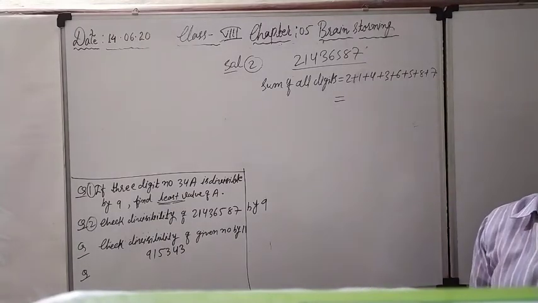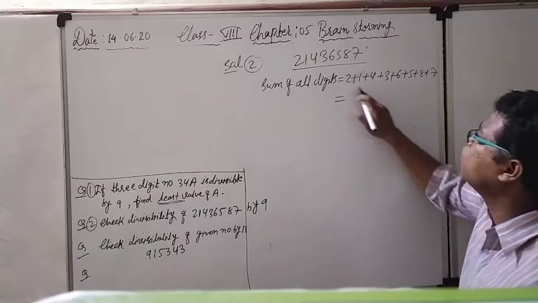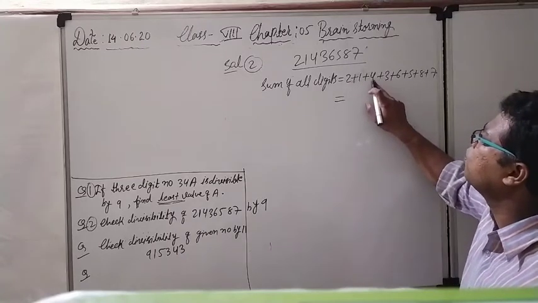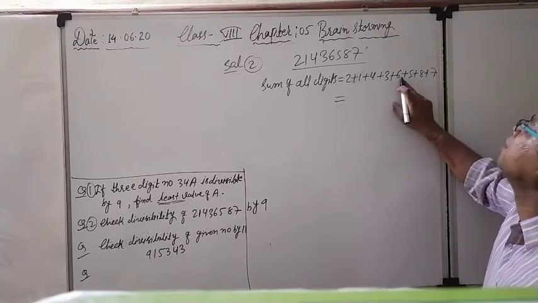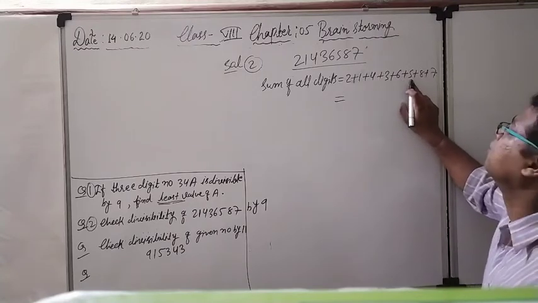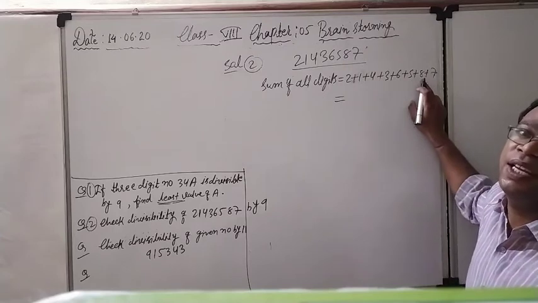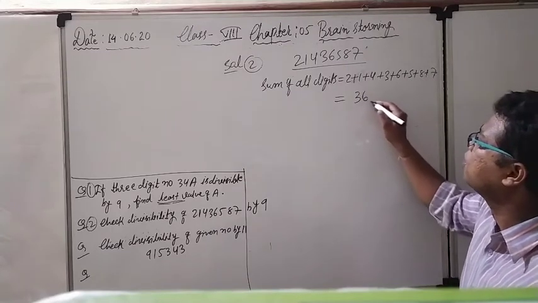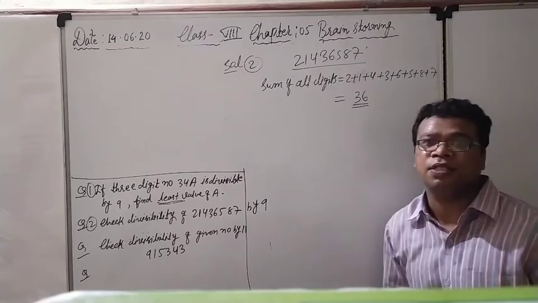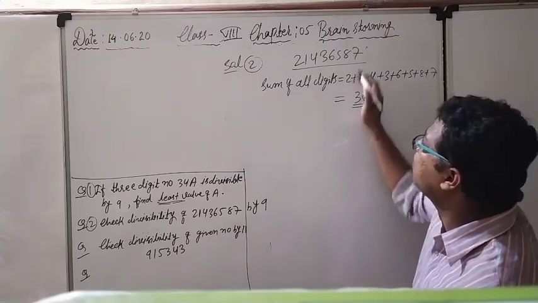I have to go for the addition. Add one by one. 2 plus 1 is 3. 3 plus 4 is 7. 7 plus 3 is 10. 10 plus 6 is 16. 16 plus 5 is 21. 21 plus 8 is 29. And 29 plus 7 is 36. What is the sum right now? I am getting 36.